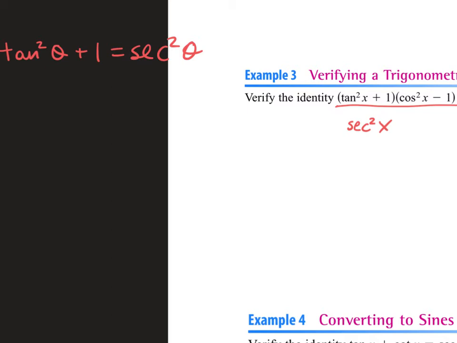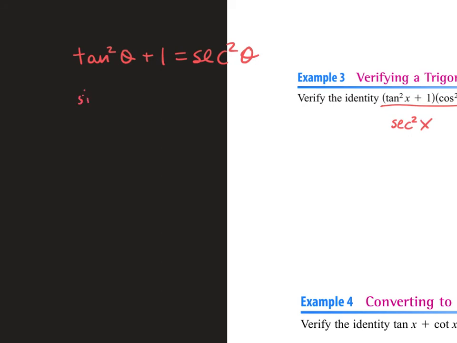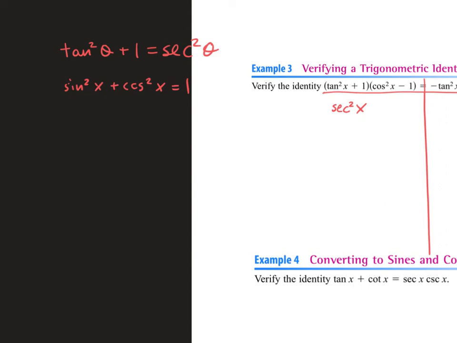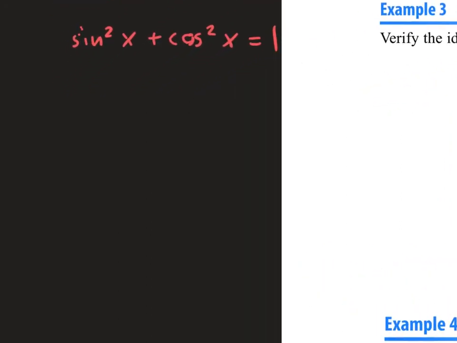Now for the one that involves cosine squared, that is sine squared x plus cosine squared x is equal to 1. How can we make this look like cosine squared minus 1? You just subtract.